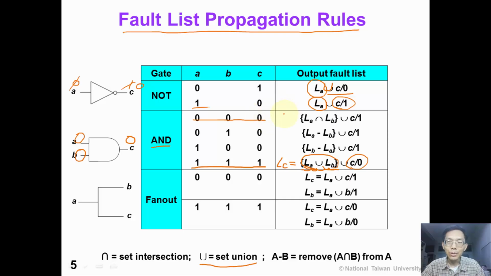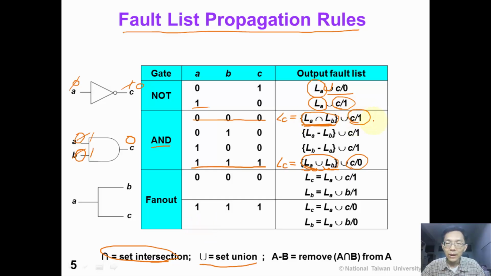In this case, the output fault list LC is equal to the intersection of LA and LB, because even if we flip only A, the output will not be changed. The only way to change output C is to flip both A and B. That's why we take the intersection of LA and LB. This symbol represents a set intersection.